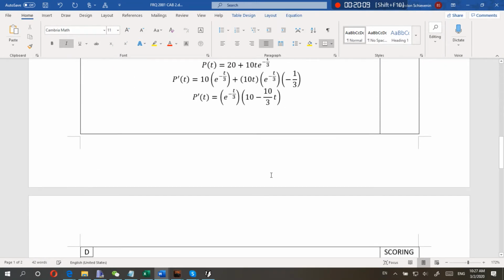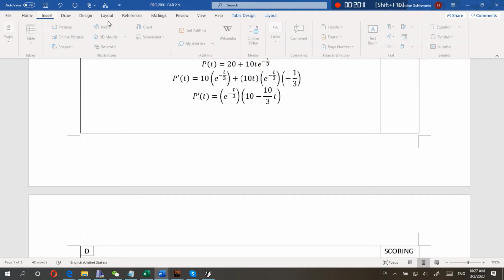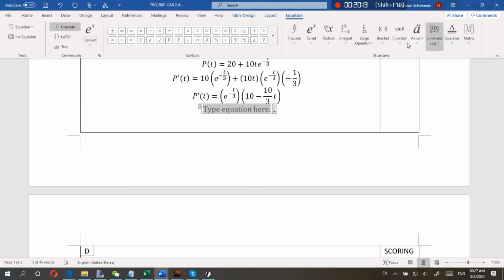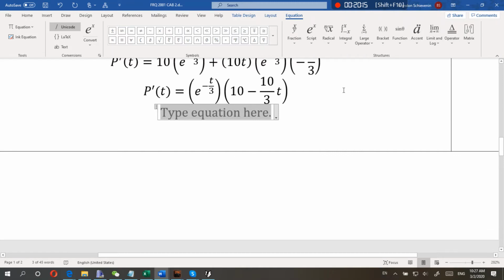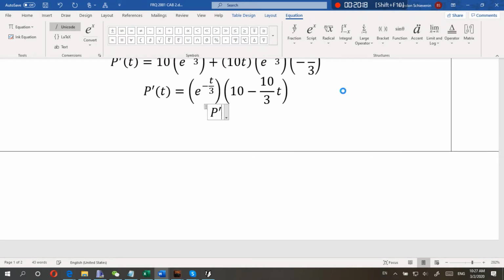Let me give myself some space really quick. Okay, so if I plug in 12, what's going to happen? P prime of 12 is equal to e raised to negative 12 over 3 times 10 minus 10 over 3 times 12.